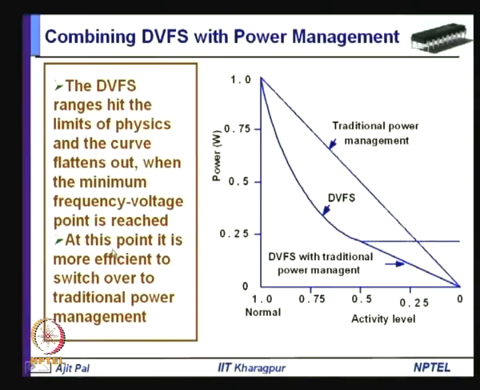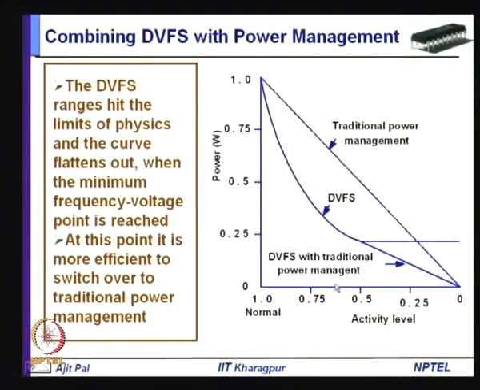So, at this point it is more efficient to switch over to traditional power management. As a consequence, you will find there will be a significant reduction not only in dynamic power, but also in leakage power. So, here you have combined two techniques, dynamic voltage and frequency scaling and power management or power gating, to reduce the leakage power over the entire range.